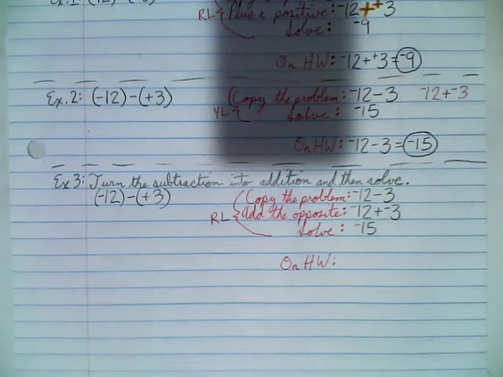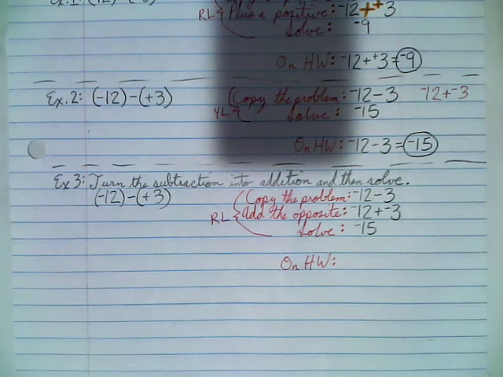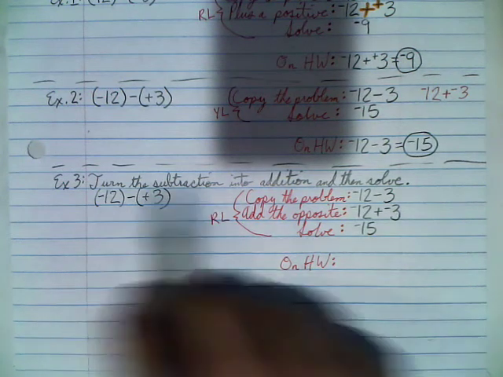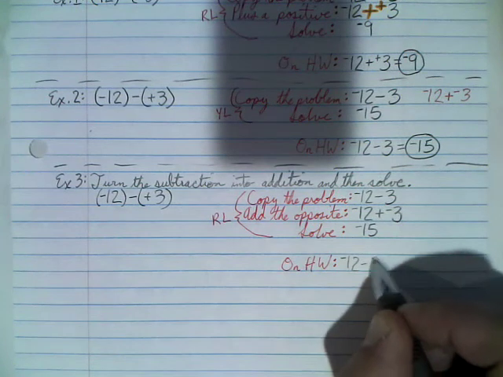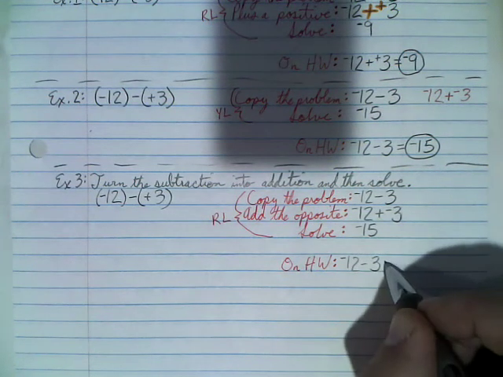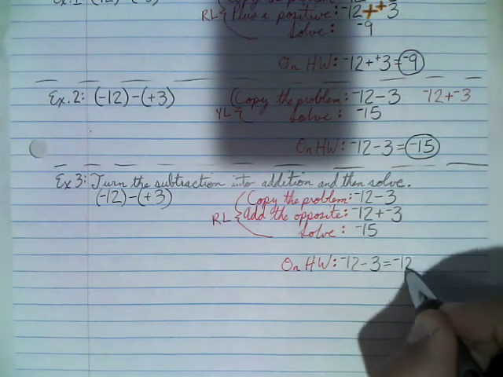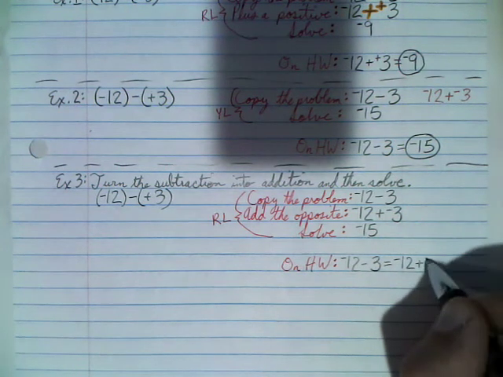And so on the homework, we will actually have to have 3 very identifiable parts in order to fit the directions. So we will have to have our negative 12 minus our positive 3 copied. We will then have to write that with a plus sign.